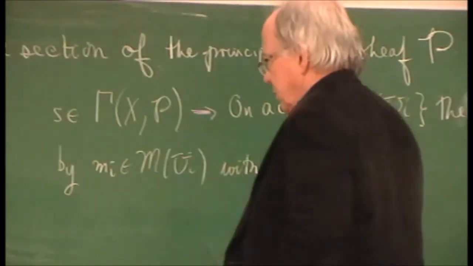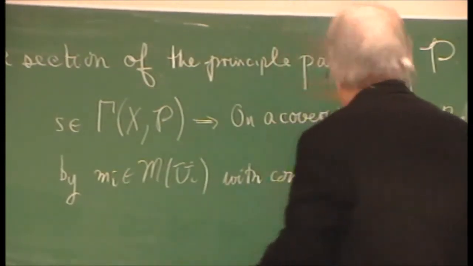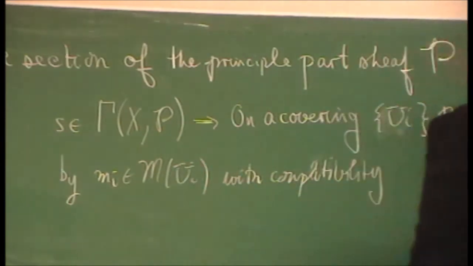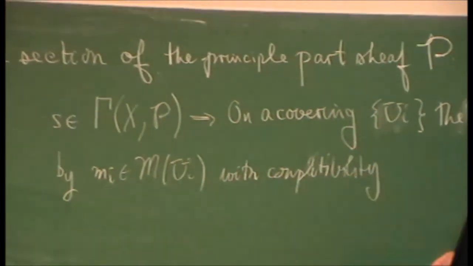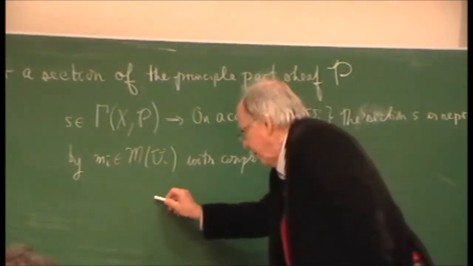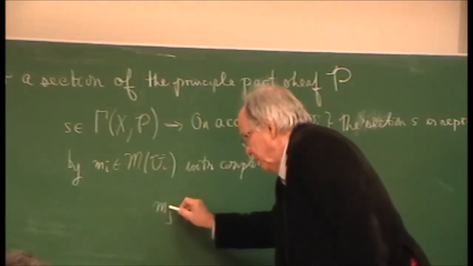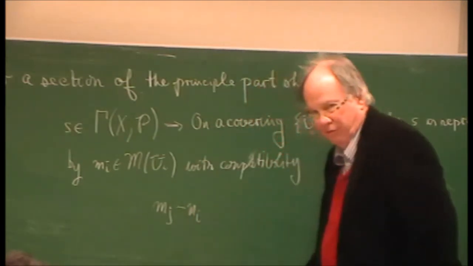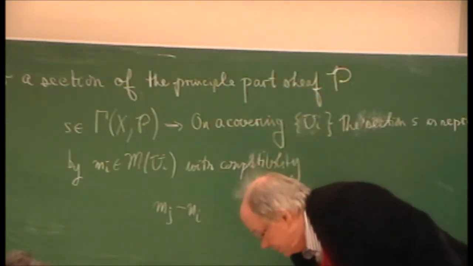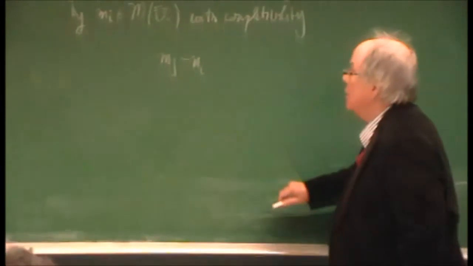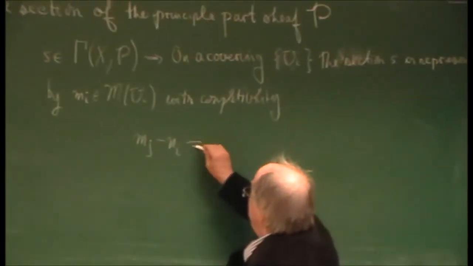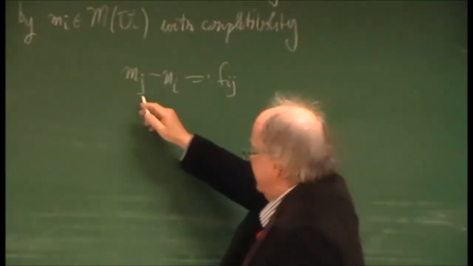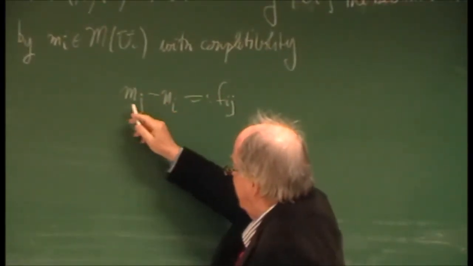A section here is always on a covering where this thing is locally represented by meromorphic functions, with compatibility. Compatibility means this: M_j minus M_i. Please always write it this way, J first, or beta first. This difference, which we define to be F_ij. The statement is that the principal parts of these things are compatible.